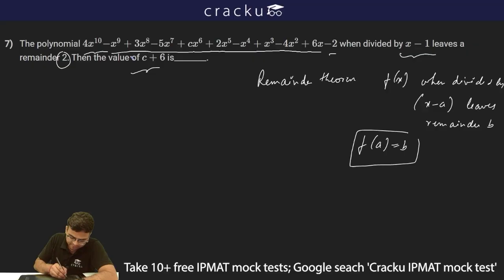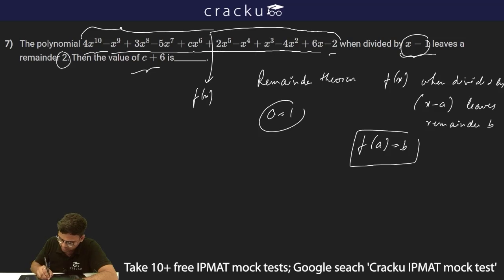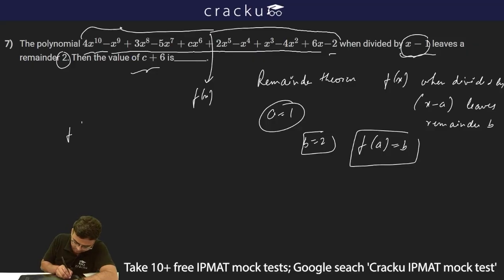So in a similar case, if this is my entire f of x and it is divided by x minus 1, my a is equal to 1, and it leaves a remainder of 2, so b is equal to 2. For this f of x, f of a should be b, so f of 1 should be equal to 2.